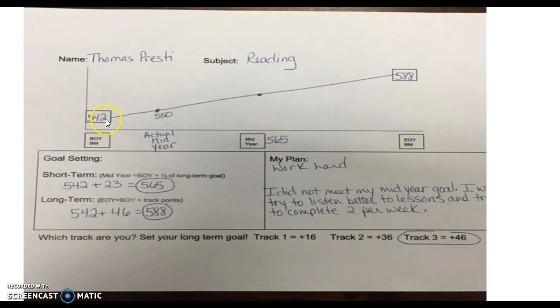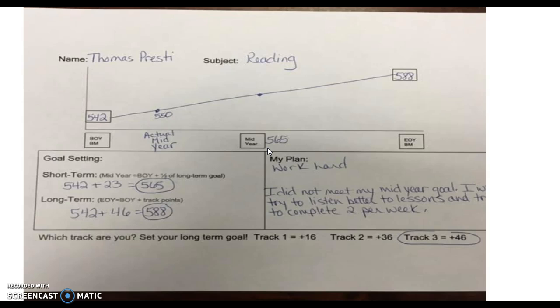So he has to move from 542 all the way to 588. So when he came in to set his short term goal for mid-year, he actually had to make a 565, and he went ahead and had put that on his aim line, which is fine. So when he got his report, he was looking for that 565 goal.